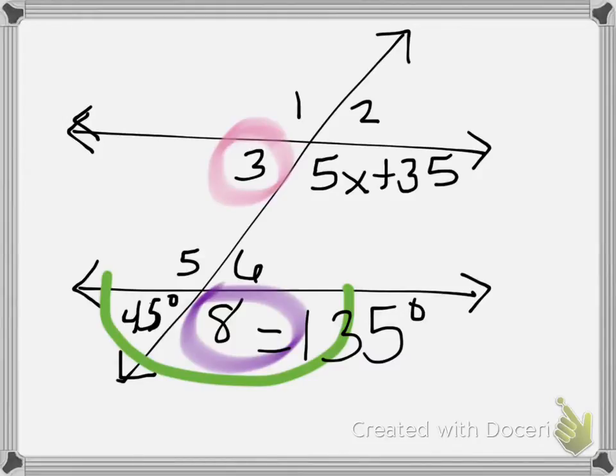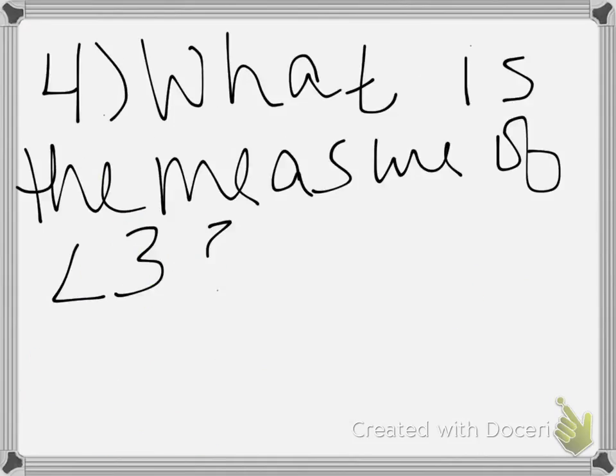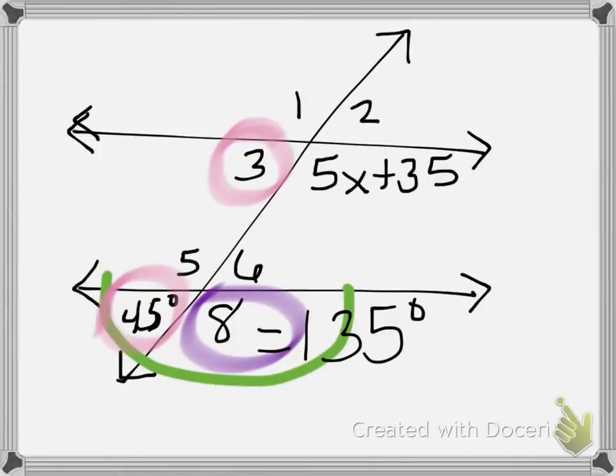Same side interior angles are supplemental, so they're going to equal 180 degrees. Corresponding angles, however, so below the parallel line to the left of the transversal, are congruent. So if angle 3 and 45 degrees are corresponding, that means that angle 3 is 45 degrees. So going back, we can write that on our picture.